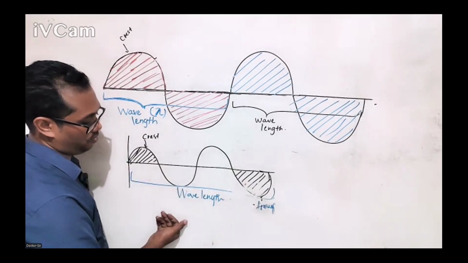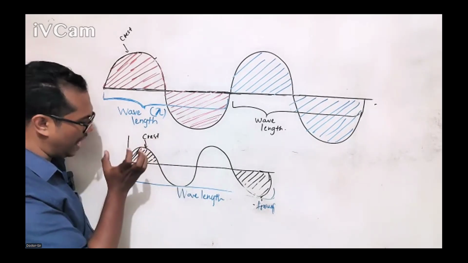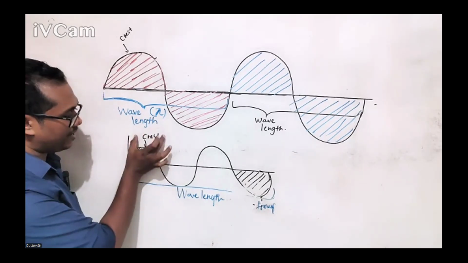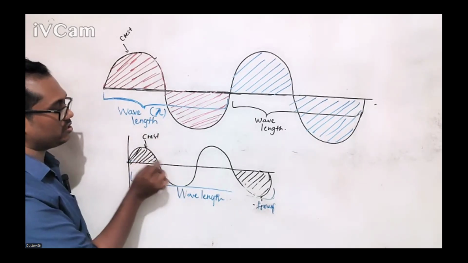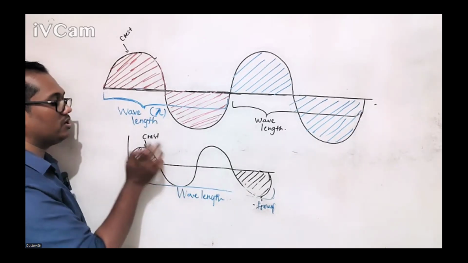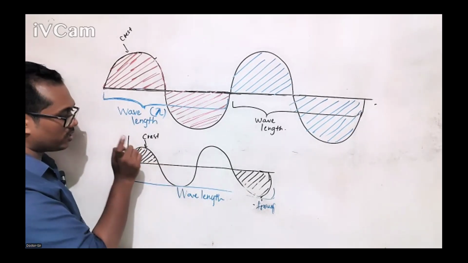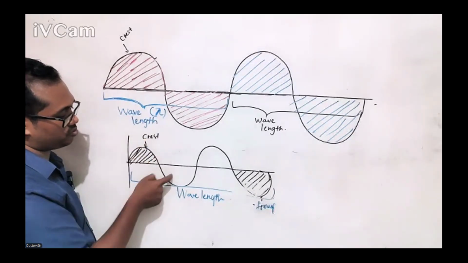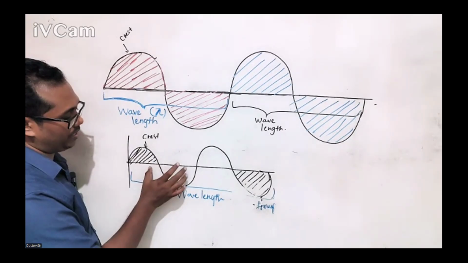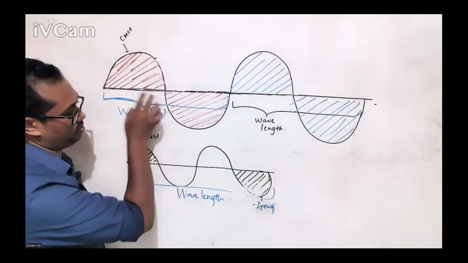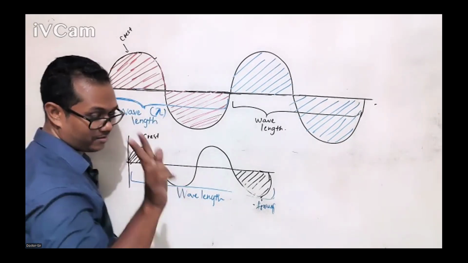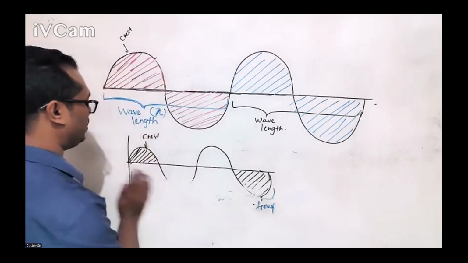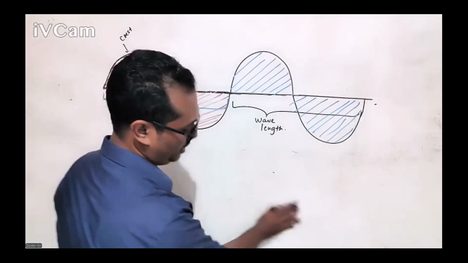Now that is wrong. So we have to mention the crest and the trough that are very close nearby, or a crest and the next trough. In between, that distance is equal to the wavelength. So that second statement is also wrong, right? Now we will move on to the next statement.